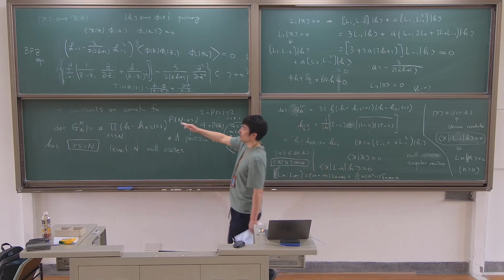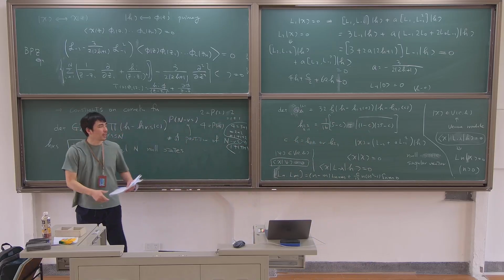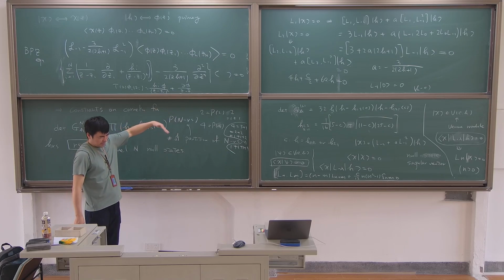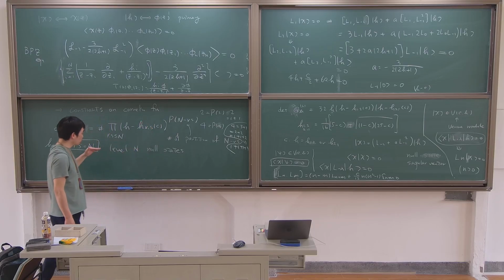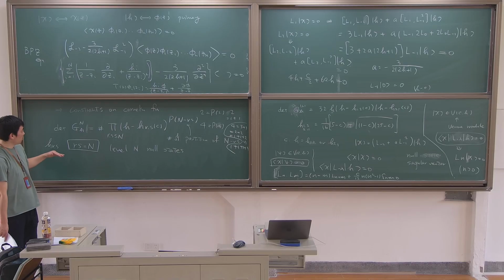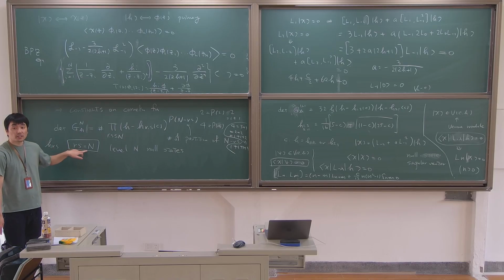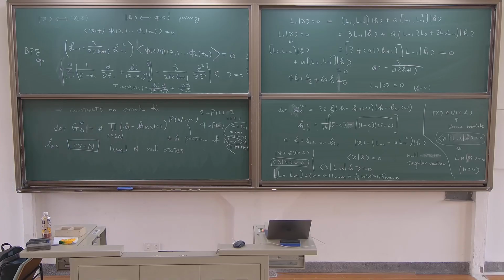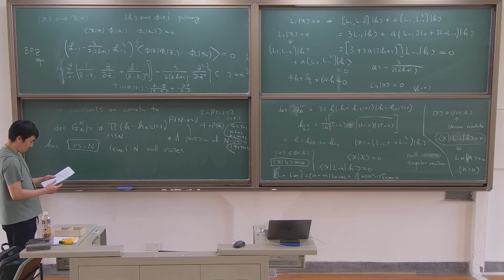Likewise, even if you go to level n, all the lower level null states will contribute to the Kac determinant. But the true level n null states can be found when r times s is equal to n. Only in that case can the level n null state be picked up.